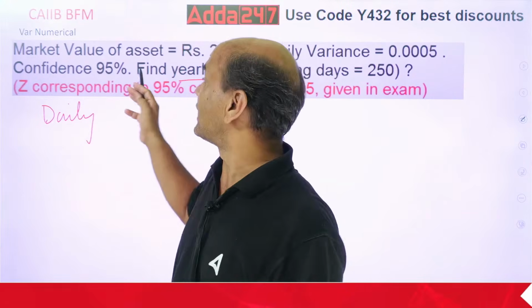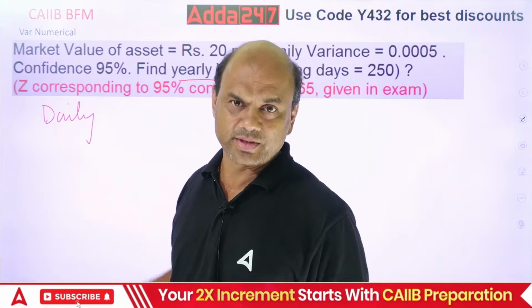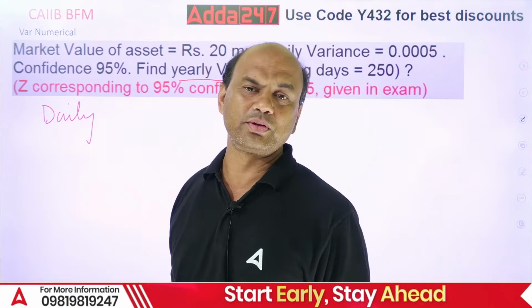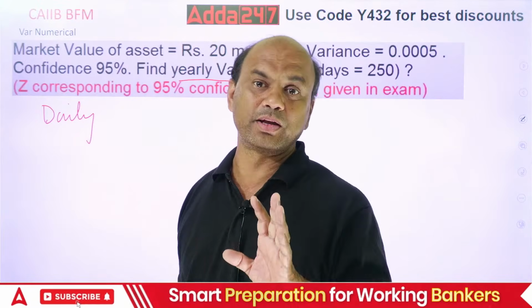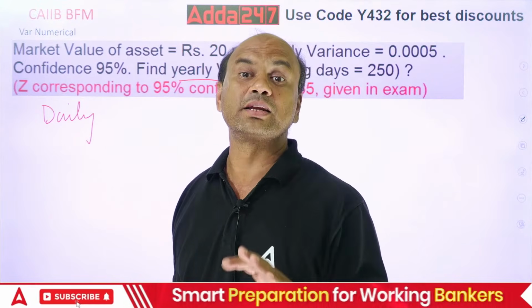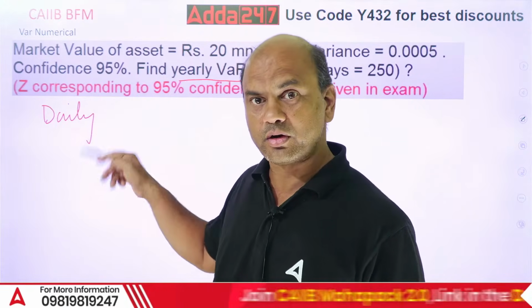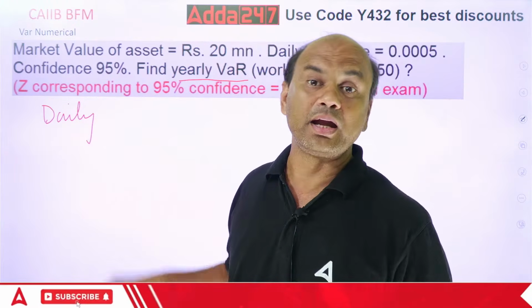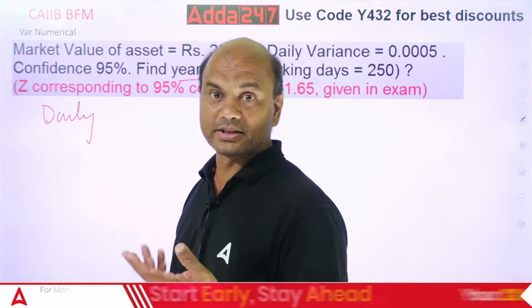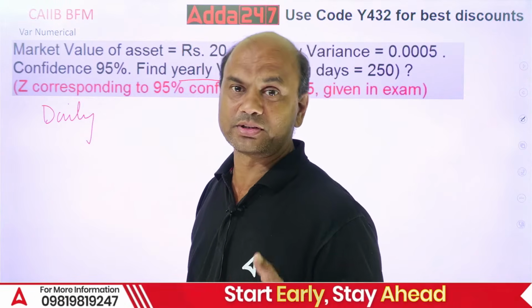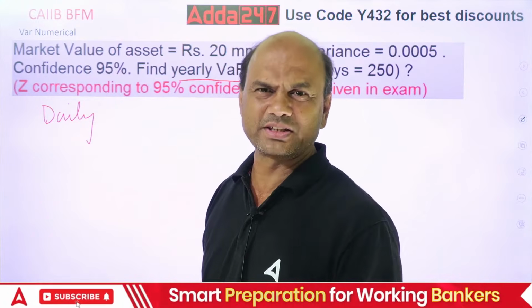These numericals are from the old BFM book, from when the subject BFM was not there. It was called risk management. At that time, all these numericals were in that book. And nowadays, they are asking all these again. All these tough parts are being asked again because they really want to check your knowledge. They don't want to check your calculation speed.